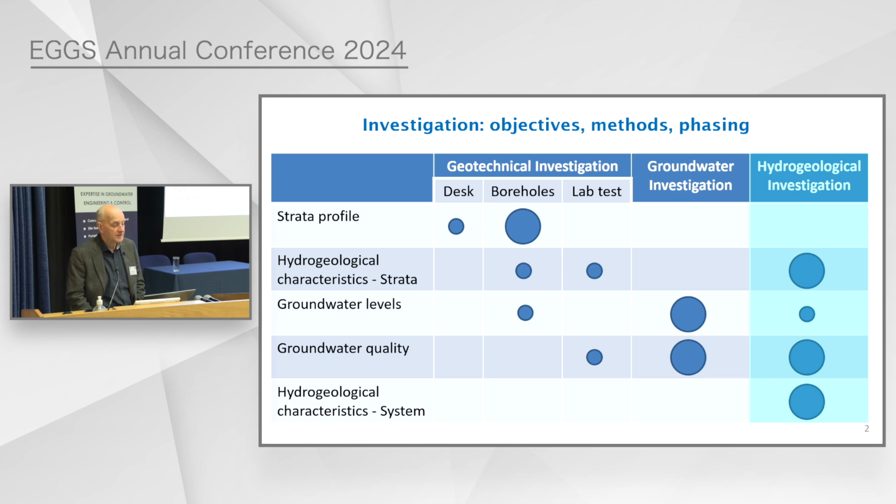That would be followed perhaps by a groundwater investigation, so a period of monitoring, sample testing, establishing the groundwater levels and the groundwater quality. And then I'm specifically talking about the hydrogeological investigation, principally pumping tests, and pumping tests that are applied to the design of groundwater control systems.